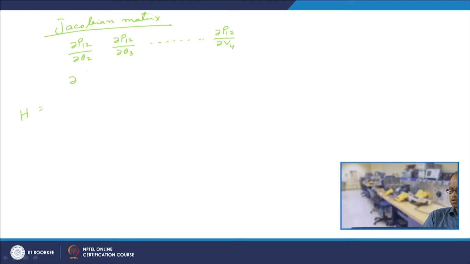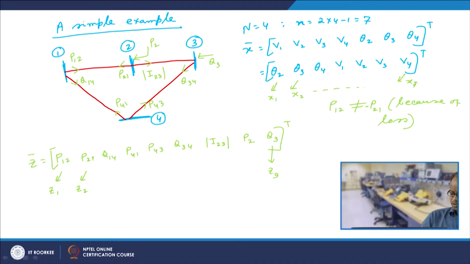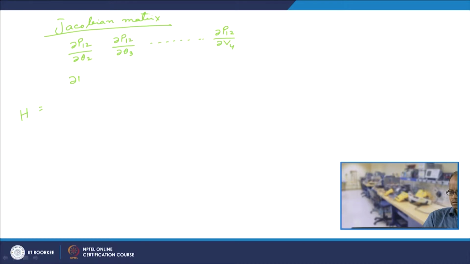Similarly, the second row would be del P21 by del theta 2, del P21 by del theta 3, and so on up to del P21 by del V4.